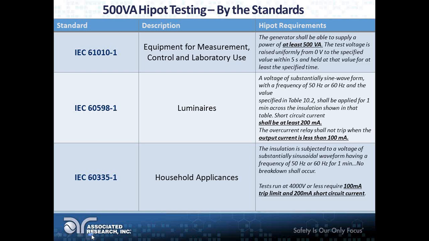And here's the language you'll see in the standard. The generator, talking about the Hipot test generator in this case, shall be able to supply a power of at least 500 VA.